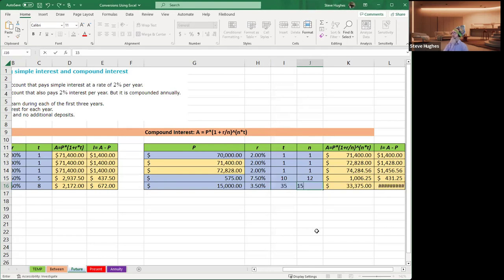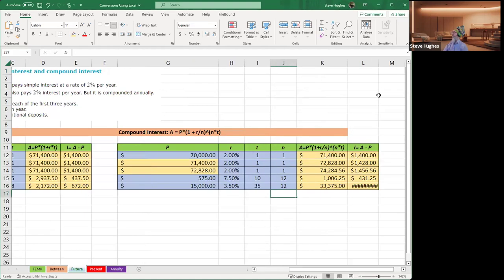The hashtags tell me I need some more room over here, so I have to make my column wider. And there you go, 18,000 in interest. I have 33,000 in my account.